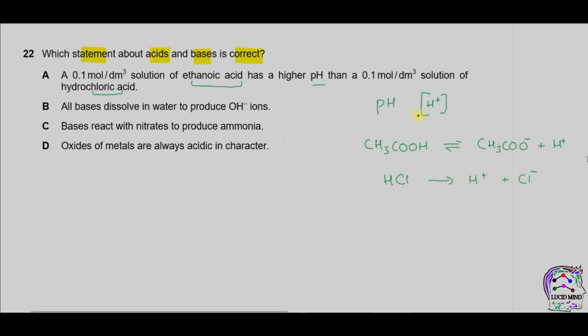So the concentration of H positive is quite high in HCl as compared to CH3COOH. So therefore pH for HCl will be lower. So solution of ethanoic acid will have higher pH than HCl. This is true statement. You should also remember that lower pH means stronger acid.